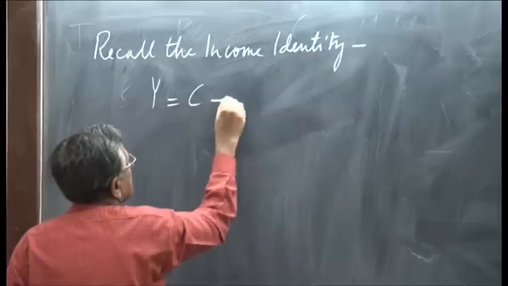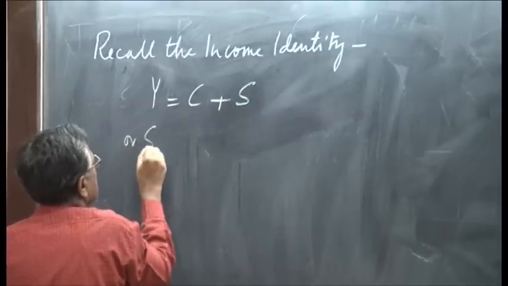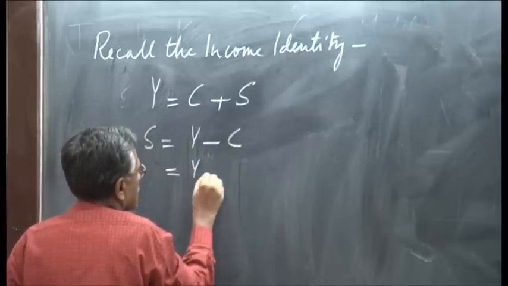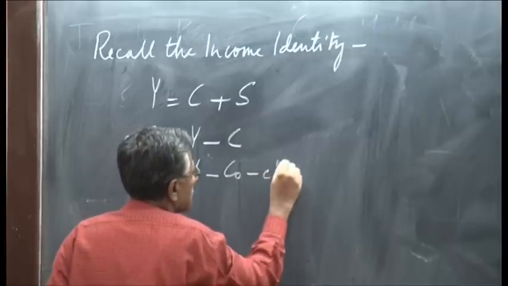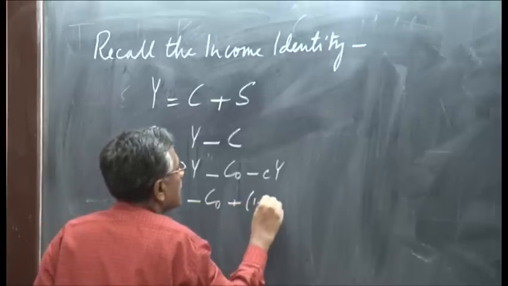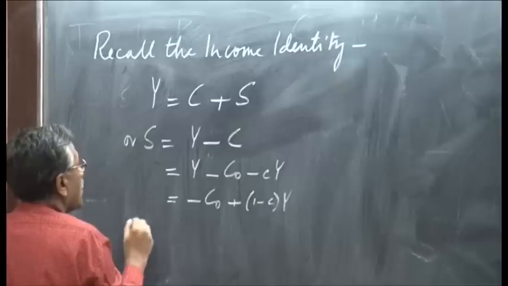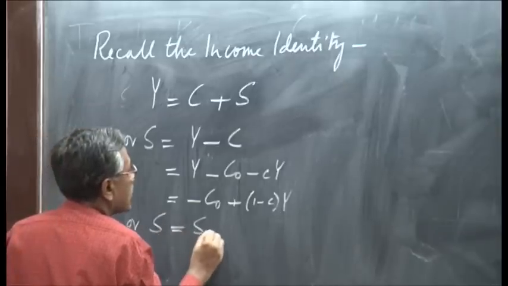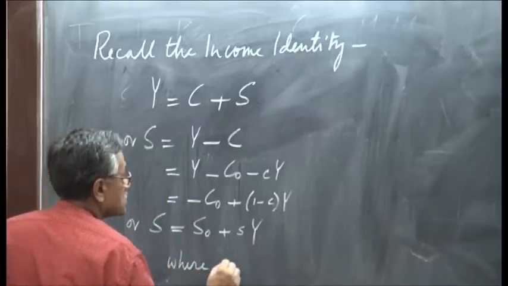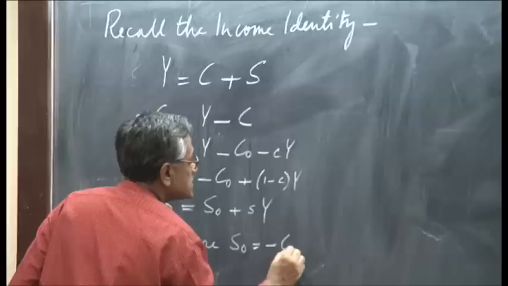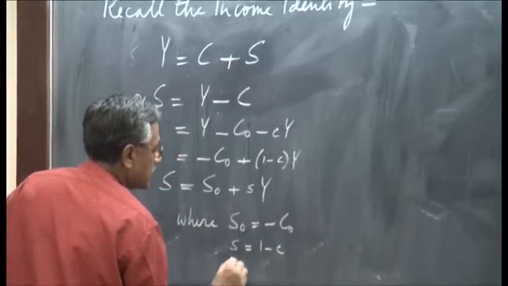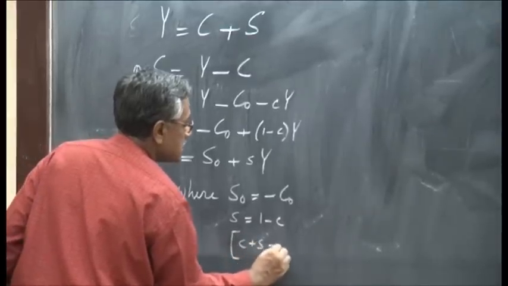Y is equal to C plus S. Therefore, S is equal to Y minus C, which is Y minus C naught minus small cy, which is minus C naught plus (1 minus small c)y, or S is equal to S naught plus small s y, where S naught is equal to minus C naught and small s is equal to 1 minus small c, implying that c plus s is equal to 1.